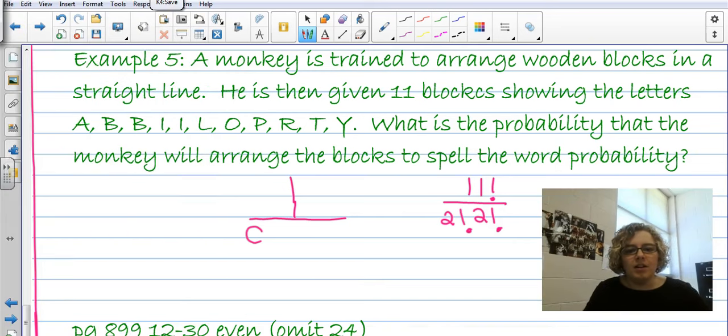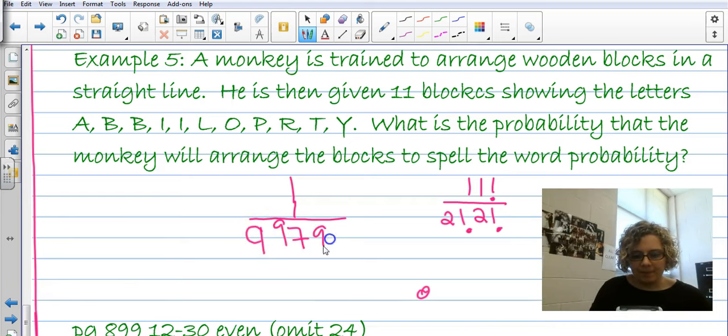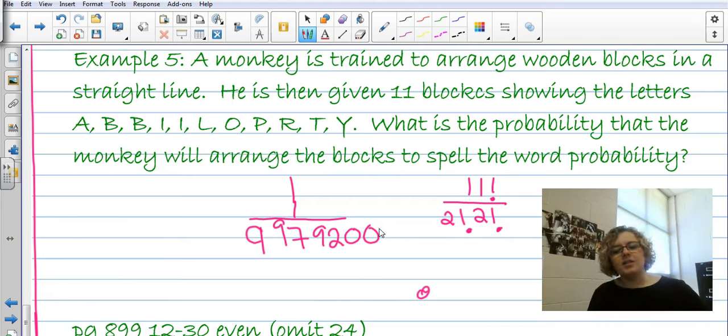All right, 11 factorial divided by 2 factorial, 2 factorial. And you get this number. So what this means is there's one proper way to spell probability out of the 9,979,200 ways he could arrange the blocks.